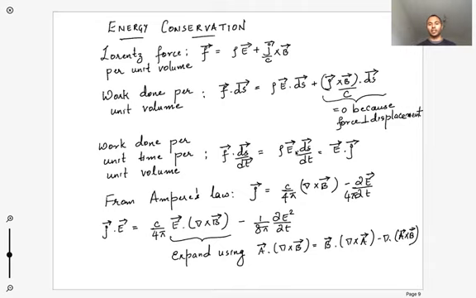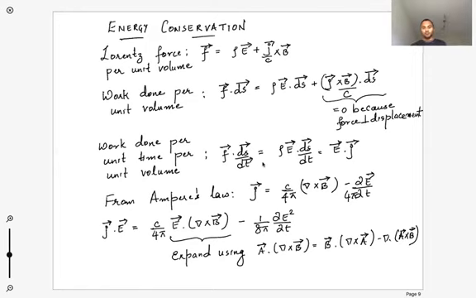And so you get E dot ds by dt, and ds by dt is basically rho times the velocity. Rho is the charge density, times velocity is the current density. So E dot J is basically what we are after. E dot J is the volumetric rate at which work is done by the electromagnetic fields on charges.